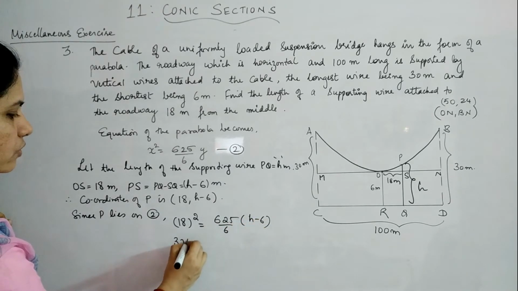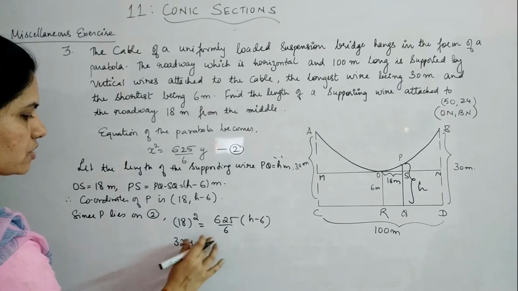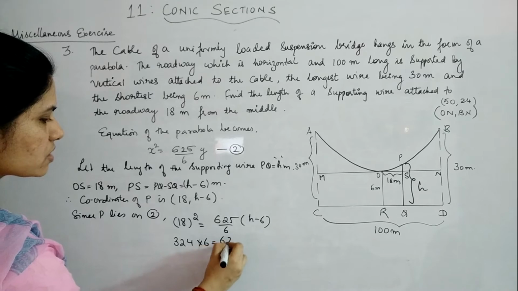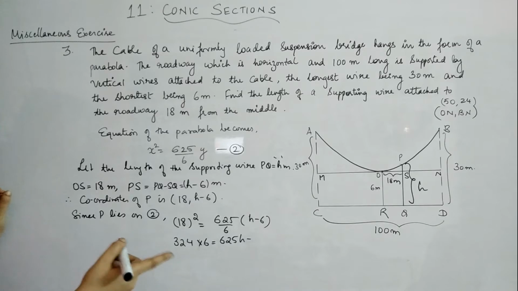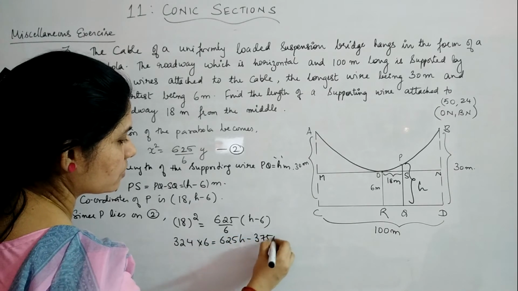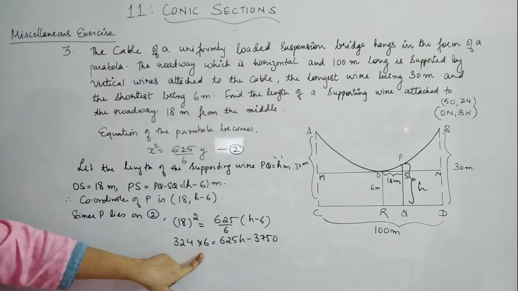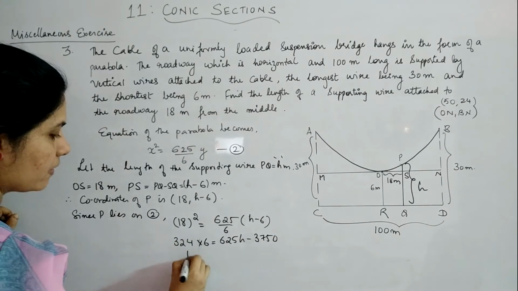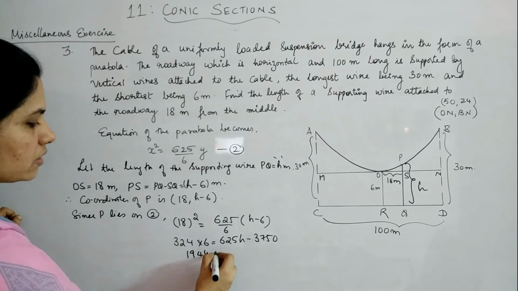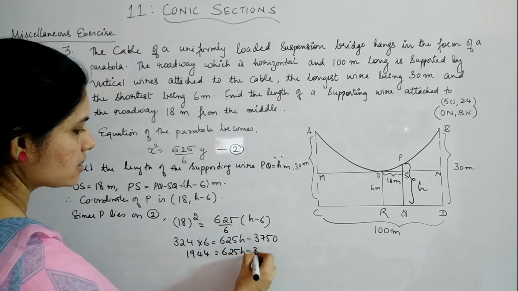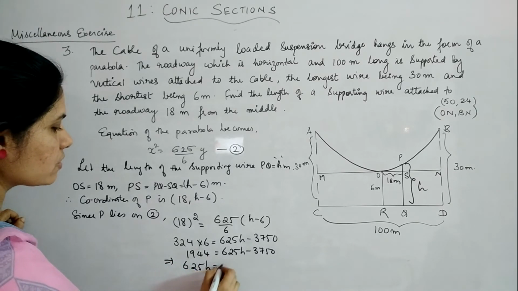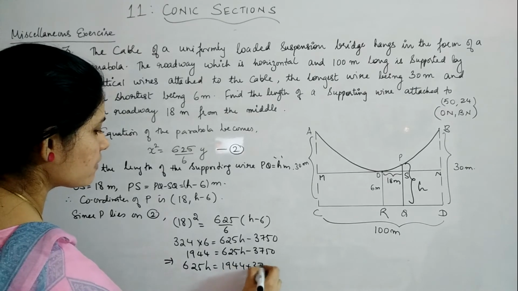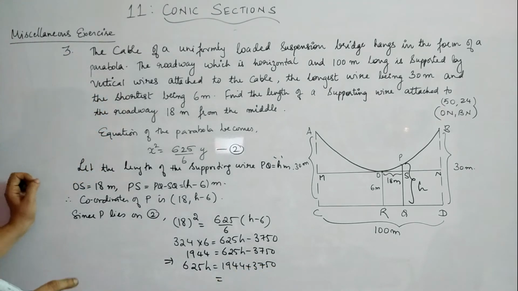This is 324 into 6 is equal to 625 H minus 625 into 6, and that will give you 3750. Now 324 into 6 is 1944. So 1944 is equal to 625 H minus 3750, or 625 H is equal to 1944 plus 3750, which is equal to 5694.